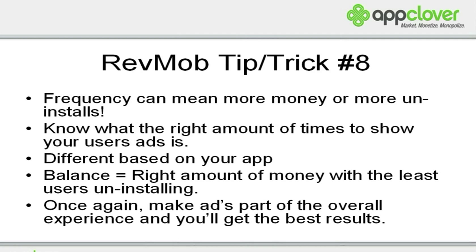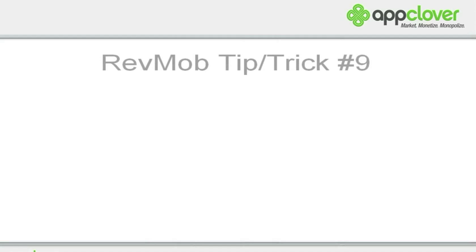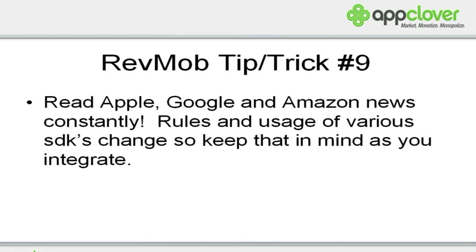That's kind of an art, just trying to understand the right balance between the frequency and getting the right amount of revenue. Once again, if you make the ads part of the overall experience, the user will be much happier with it versus you putting it in at the beginning and upsetting users.